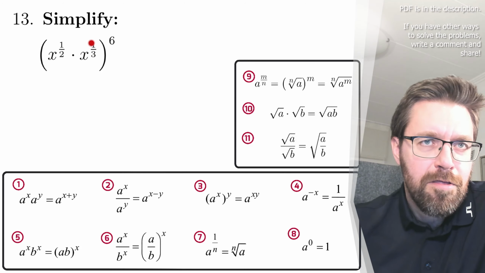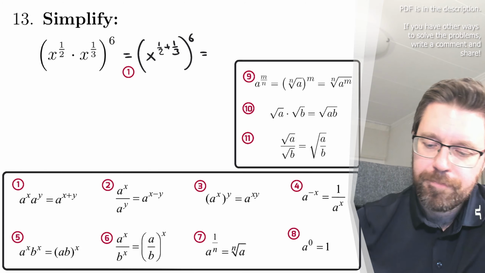These powers have the same base, and then rule number 1 works very well. So I can add the exponents to each other. So this is equal to x raised to 1 over 2 plus 1 over 3, and then raised to 6.